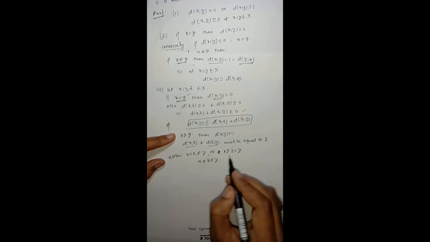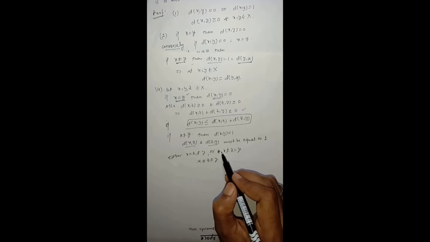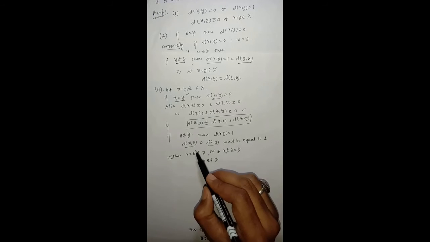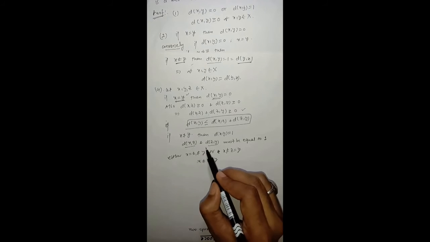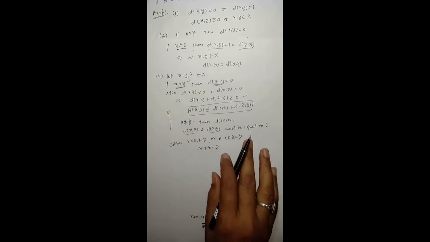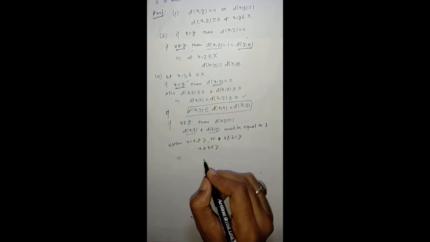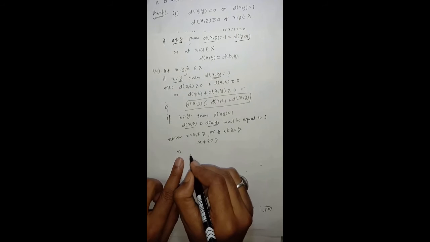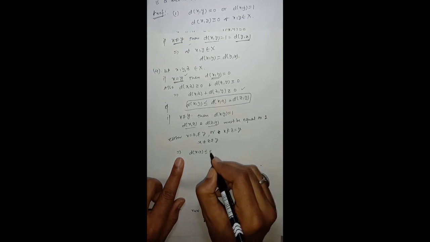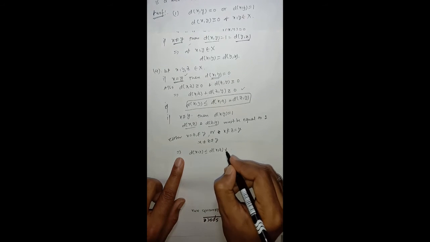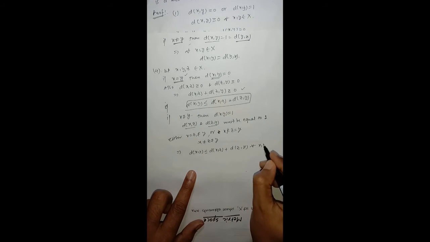In all three cases we must have at least one of them equal to 1. That means d(x,y) is less than or equal to d(x,z) plus d(z,y).